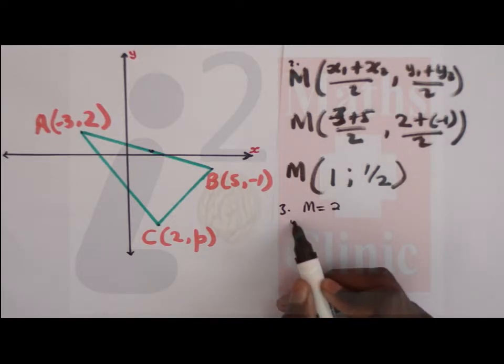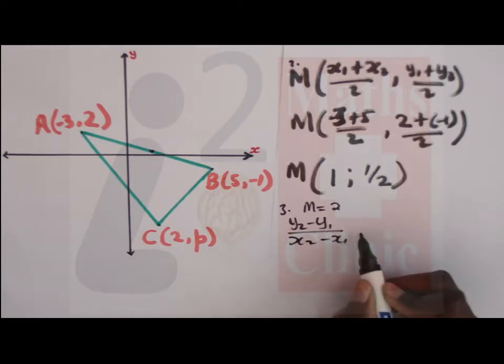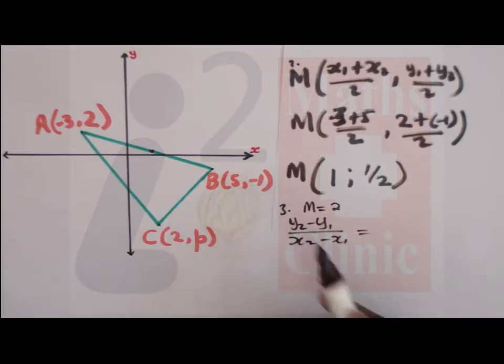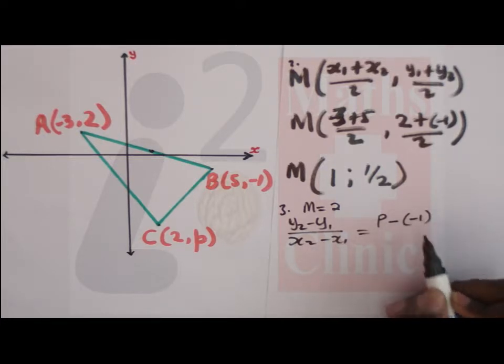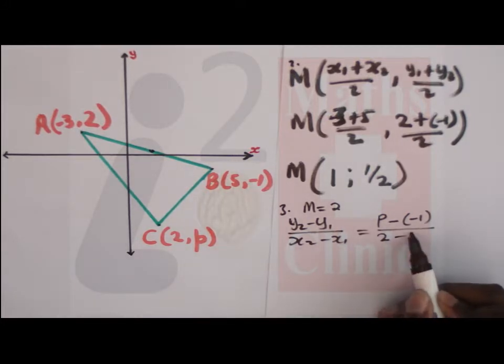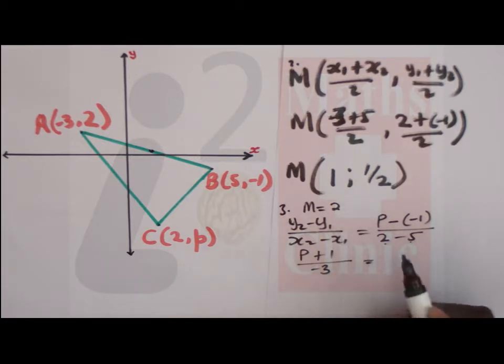The gradient is given by the formula y2 minus y1 over x2 minus x1. We substitute: y2 is b, y1 is -1... so it's b plus 1, and x2 minus x1 is -2 minus 5... wait, x2 is -2, x1 is -5, so it's -2 plus 5... giving 3... So the gradient must be equal to 2, because the gradient is given as 2.